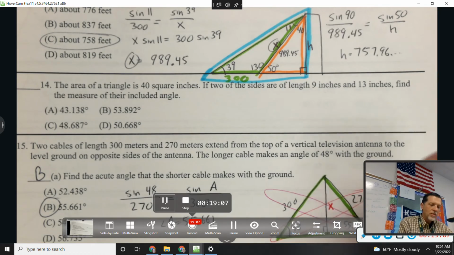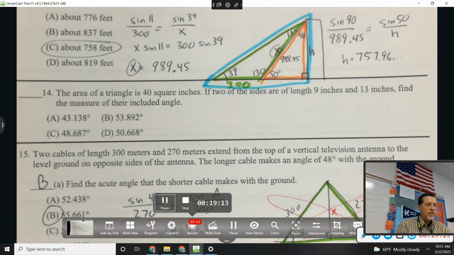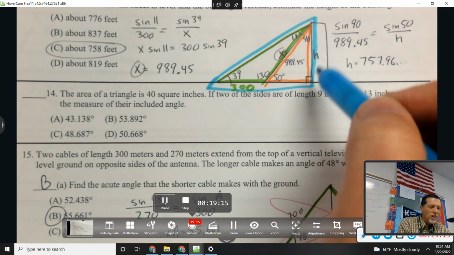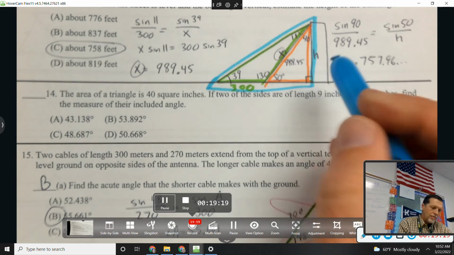So that's what prevented us from looking at the big triangle on number 13. So you could draw it and you could write some ratios, but you would never have enough information to get that side H.